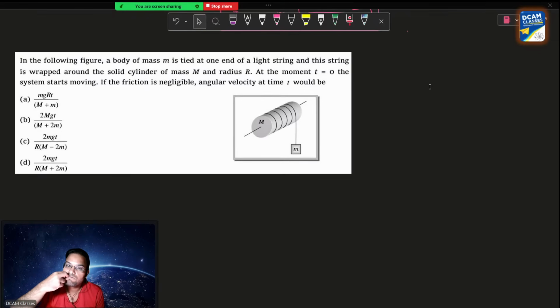If the friction is negligible, but the string is wound around, it's wrapped around. So when it is moving down, it will be unwrapping. It means this cylinder is actually rotating. You cannot just say the string is slipping. It has to rotate.